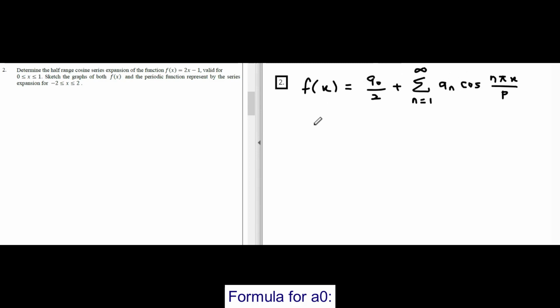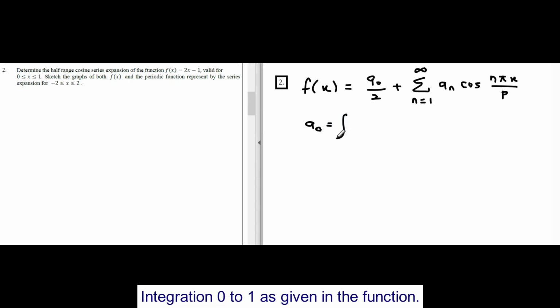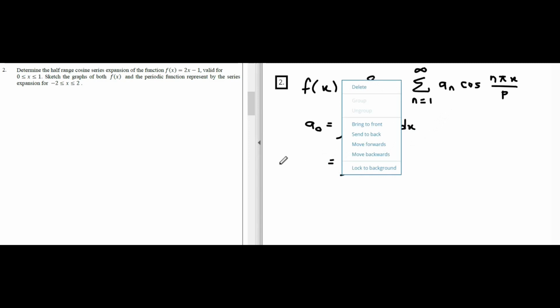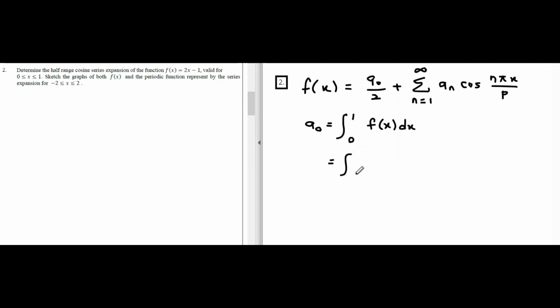The formula for A0, integration 0 to 1 as given in the function, the f(x) function.